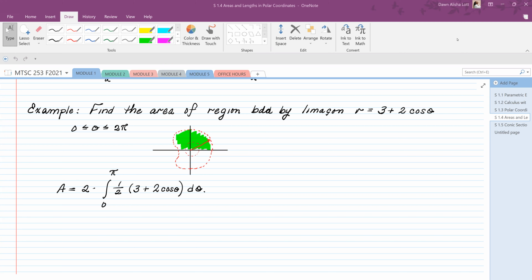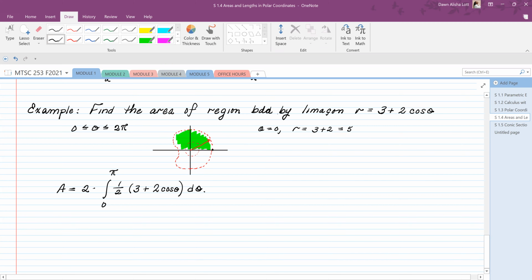So here, when theta is 0, r is equal to 3 plus 2, which is 5. So this would be the point (5, 0). And then we are doing the cosine, so it's marching around the curve.